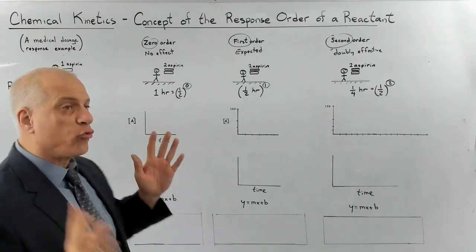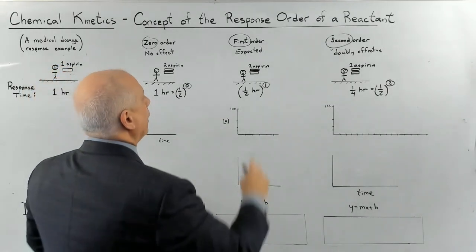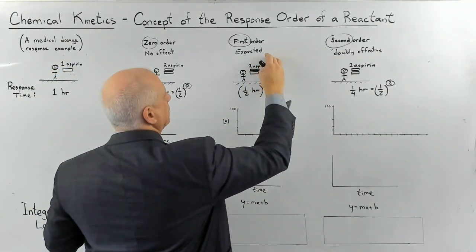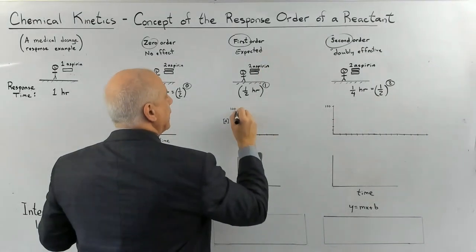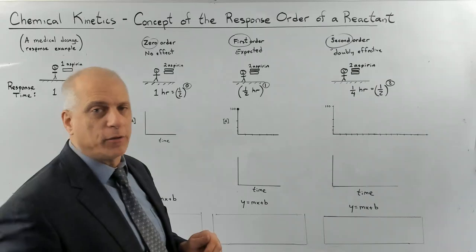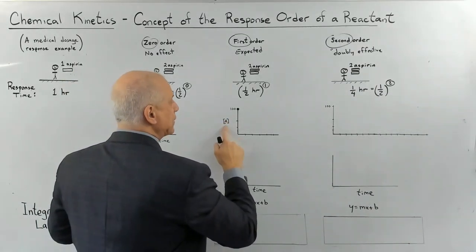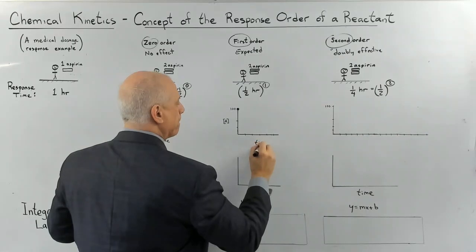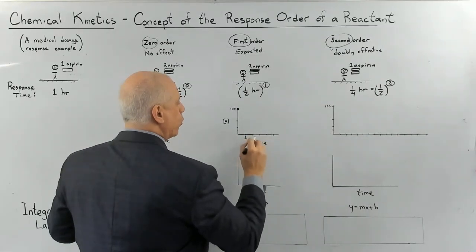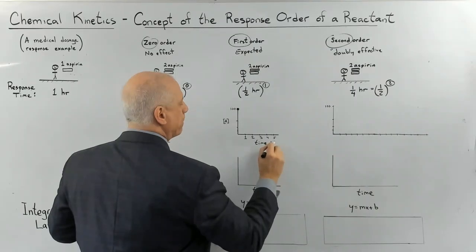Now, if we were to graph the dosage response, let's start with the expected response. Let's say that we have 100 milligrams in the system, that we're going to graph the concentration of the aspirin versus time. And these will be, for example, 1 hour, 2 hours, 3 hours, 4 hours, 5 hours.